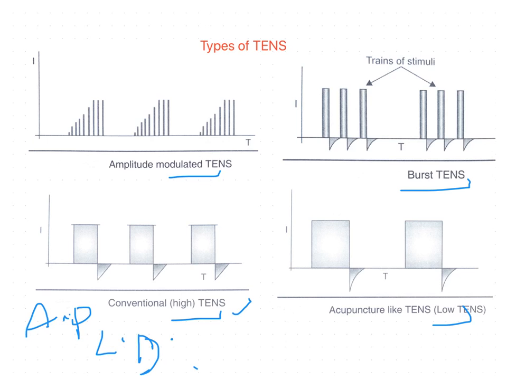So in acute pain, conventional TENS is used. The modulation of pain is via inhibition of pain fibers by large diameter fiber activation, that is the gate mechanism.